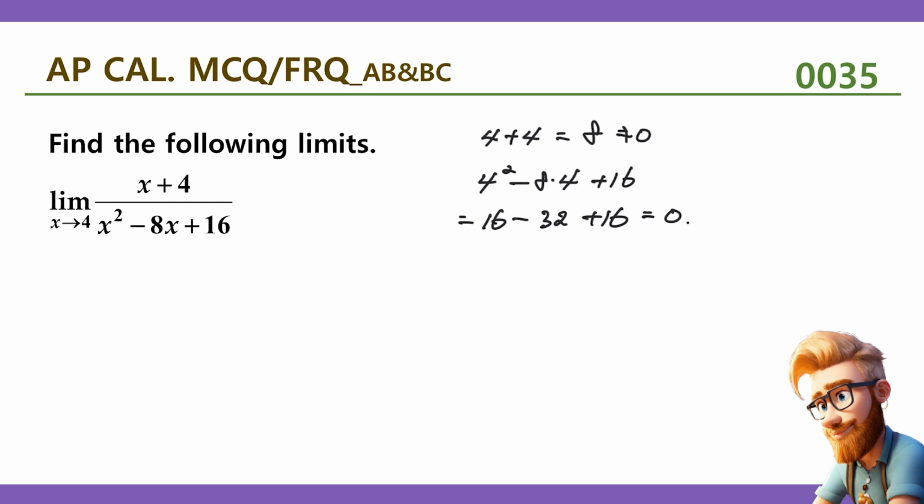If only the denominator is equal to 0, that means we have a vertical asymptote at x equals 4, right? So let's simplify this expression. That is equal to the limit as x approaches 4, numerator x plus 4, denominator, that's actually (x minus 4) squared, a perfect square, right?